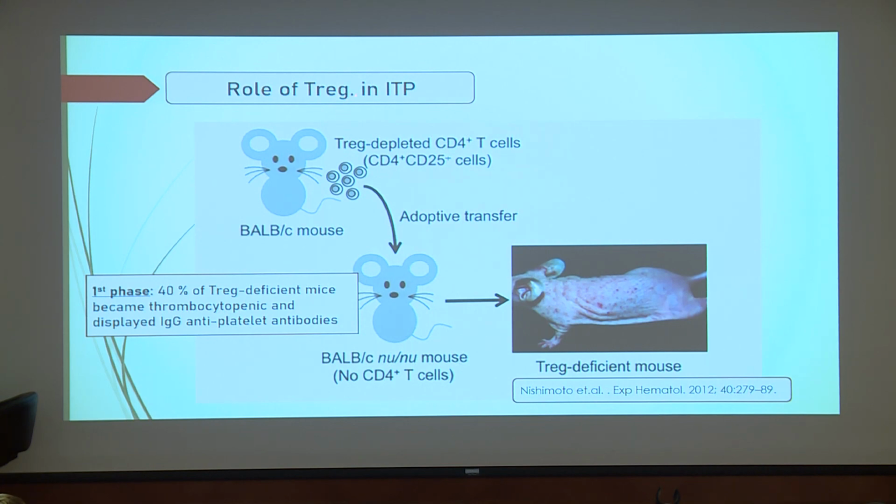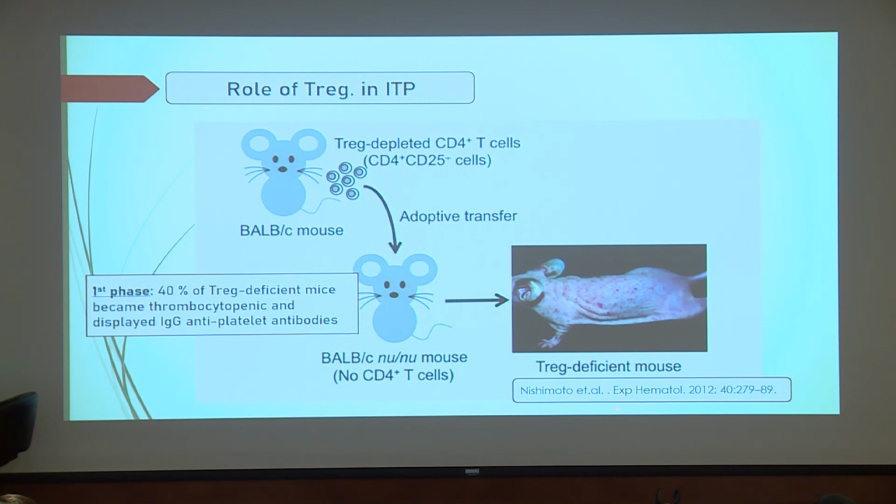Usually it is responsible for maintaining immune tolerance, and usually it down-regulates T follicular helper cells in the spleen and in the lymph node. And you know, T follicular helper cells are the origin of angioimmunoblastic T cell lymphoma.